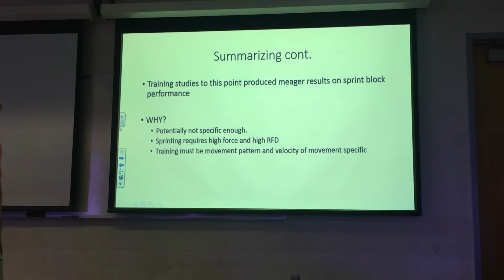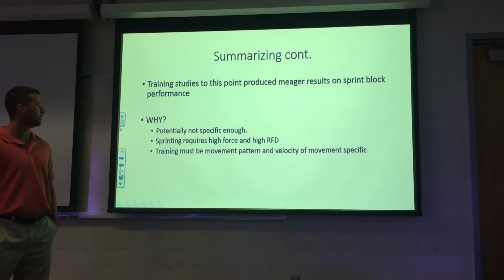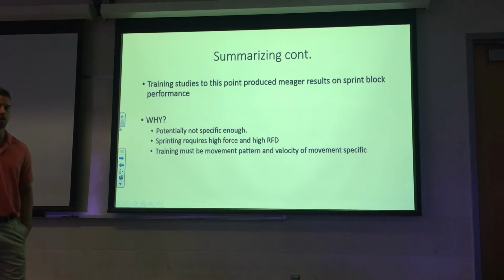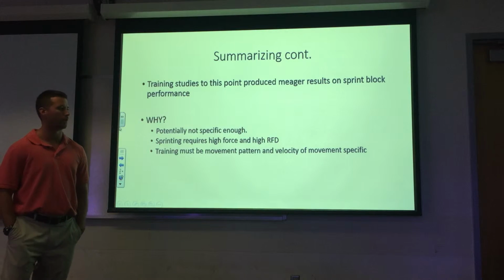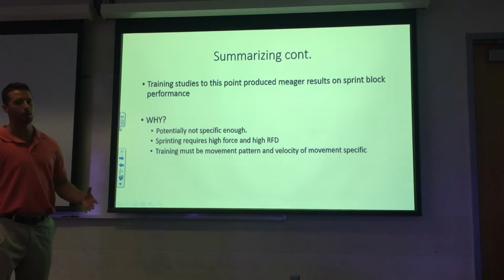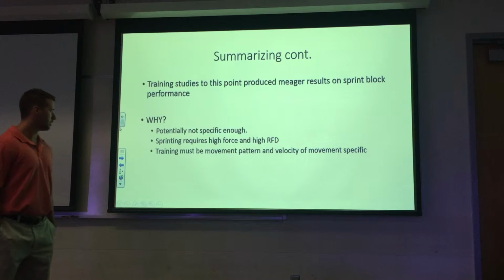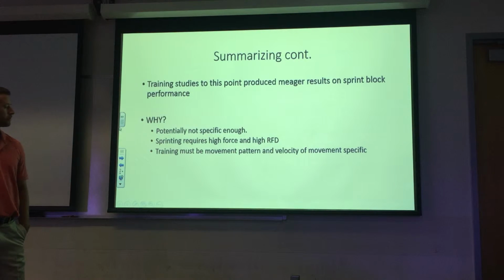Last thing for summarizing: the training studies to this point have produced meager results. We're looking for something better in our study, and the question remains why. Why did they produce such significant gains in the squat 1RM, but at the same time little transfer to sprint performance? Potentially it's not specific enough.